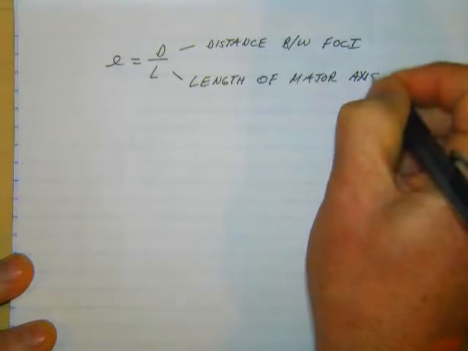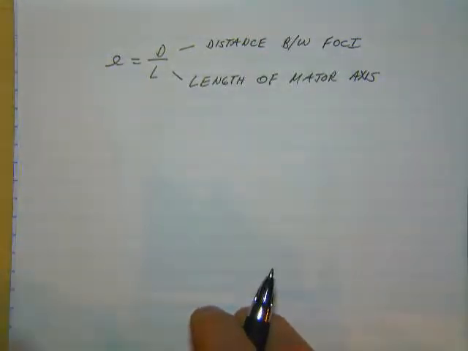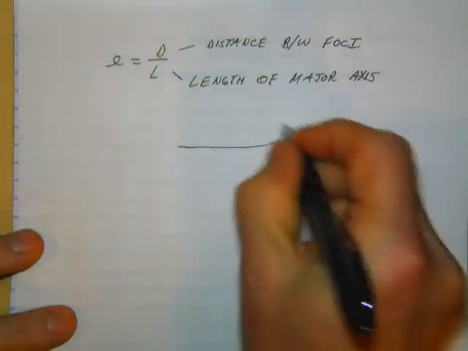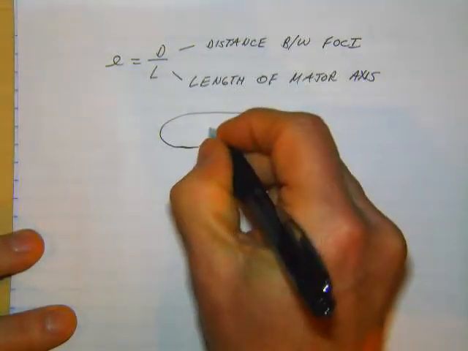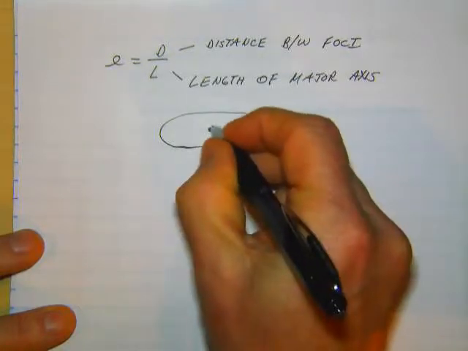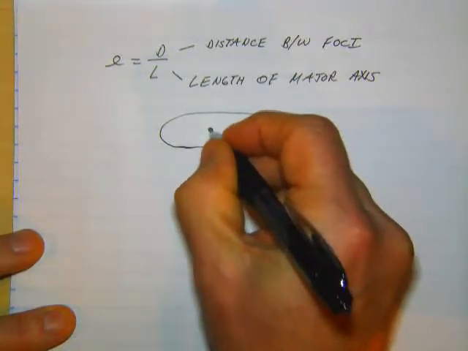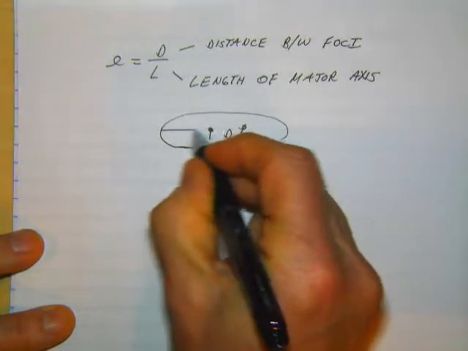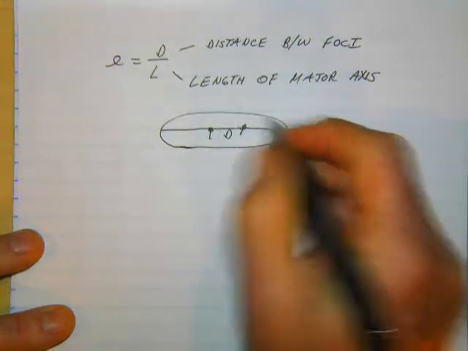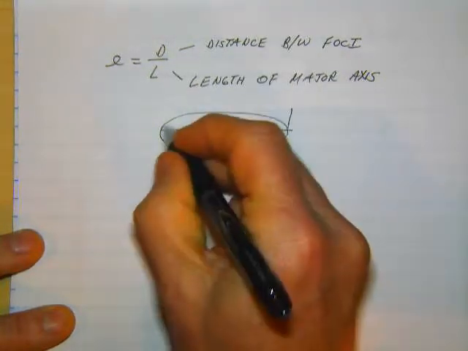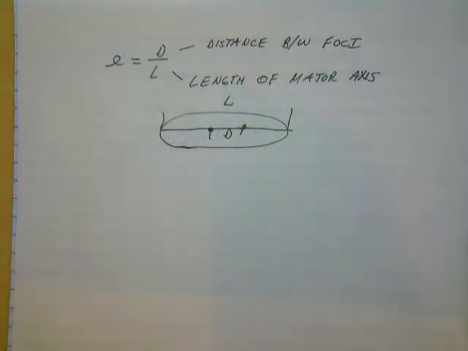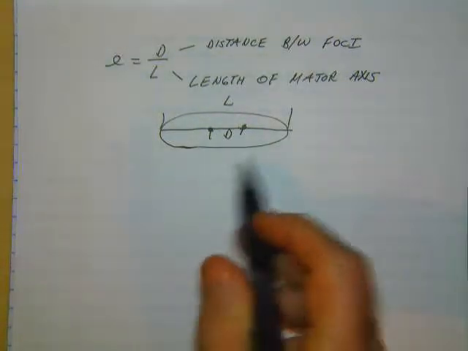This goes back to the worksheet we did where you drew all the ellipses. So this distance from here to here would be D, and the major axis is from the aphelion to the perihelion, and this distance would be L. So if you have those two distances, you can determine how oval or how circular the ellipse is.